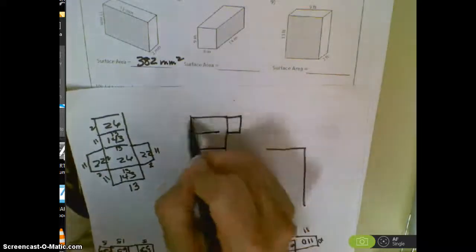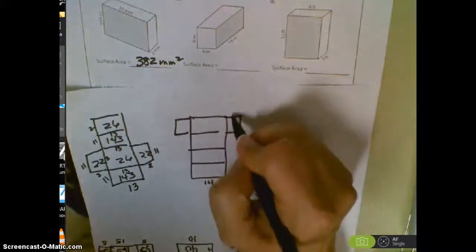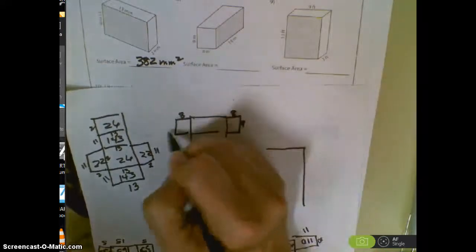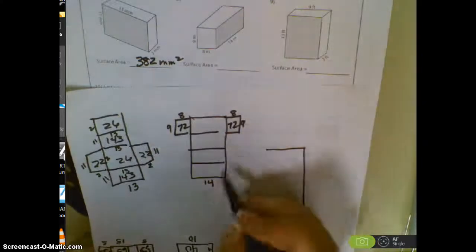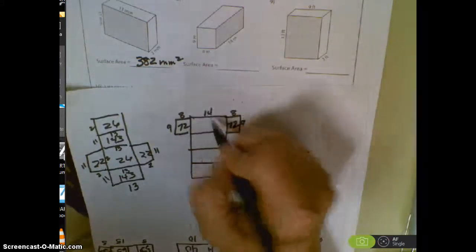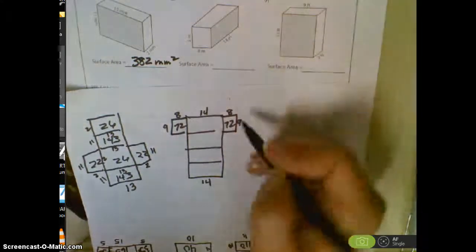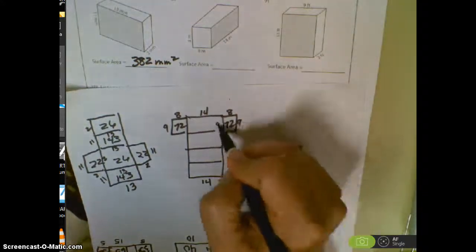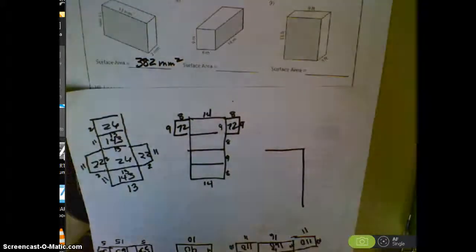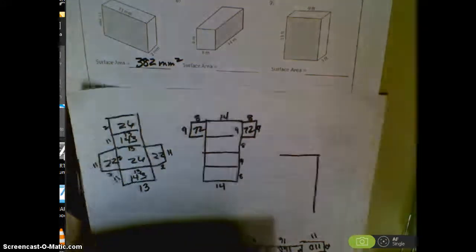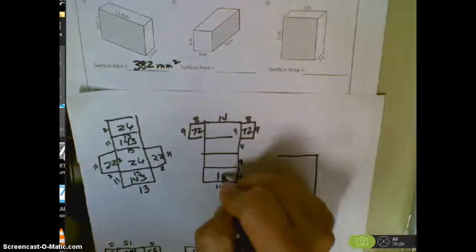And our sides, our little wings, 14, and it looks like an 8 and a 9 over here. Well, 8 times 9 is 72. We can just do those right now. These are all going to be 14s because they're all right around each other. But sometimes it's going to be 14 times 8, and sometimes it's going to be 14 times 9. And so we'll figure those out. 14 times 8 equals 112.